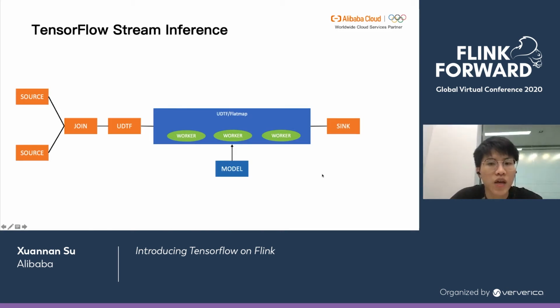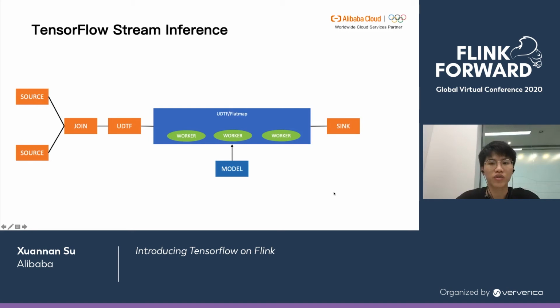Here we have the same pre-processing pipeline, and we only have workers running in a flat map operator or UDTF without a parameter server. The worker will load the model and the parameters and perform the inference using the TensorFlow Java API.